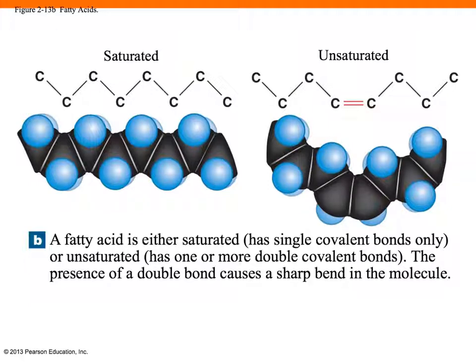The saturated has single carbon-to-carbon bonds, whereas the unsaturated has at least one double carbon-to-carbon bond. So in the saturated, we have single covalent bonds, but in the unsaturated, we have double covalent bonds.